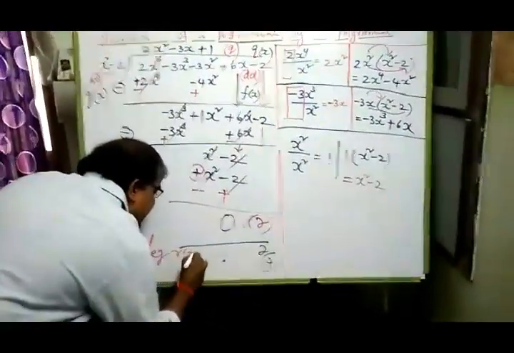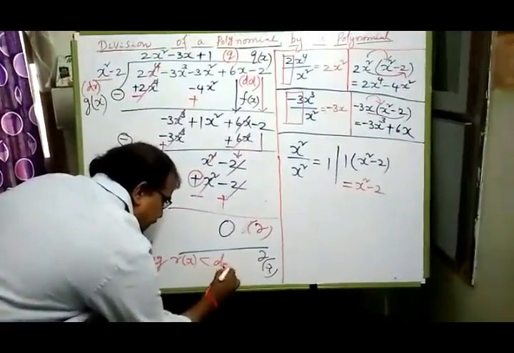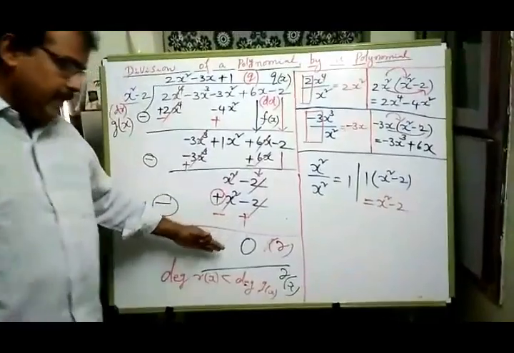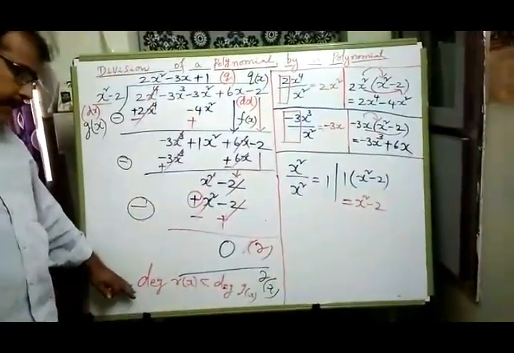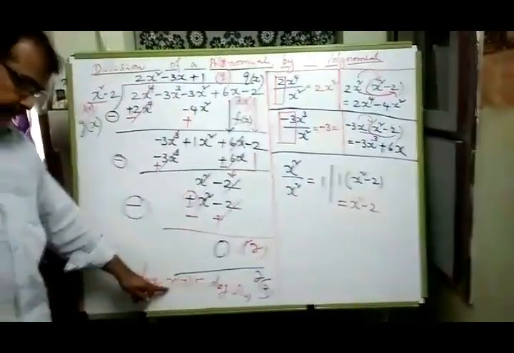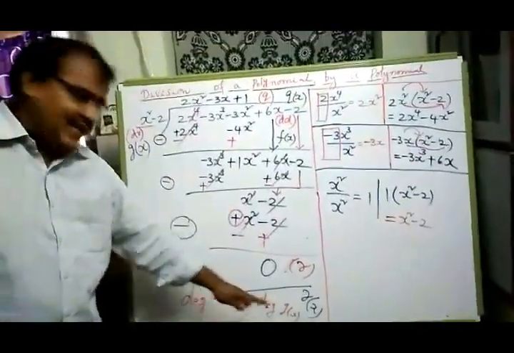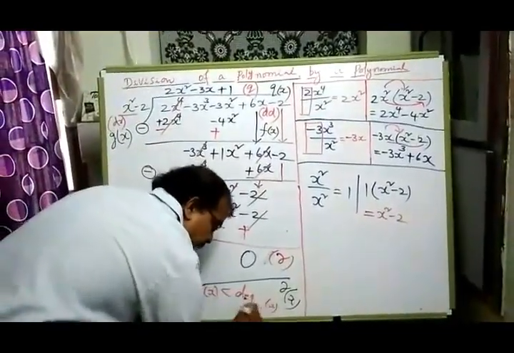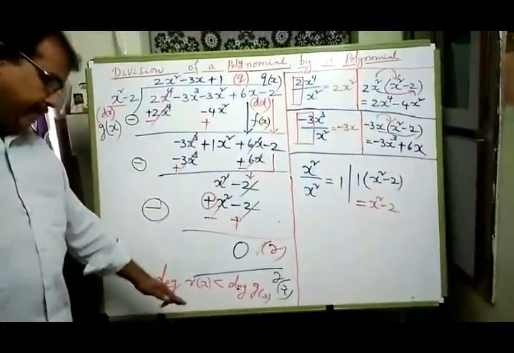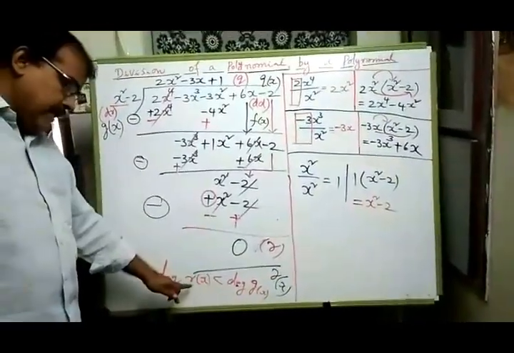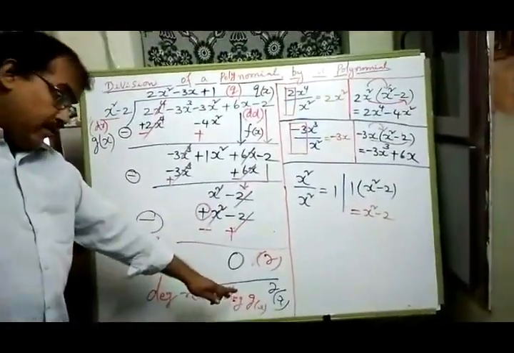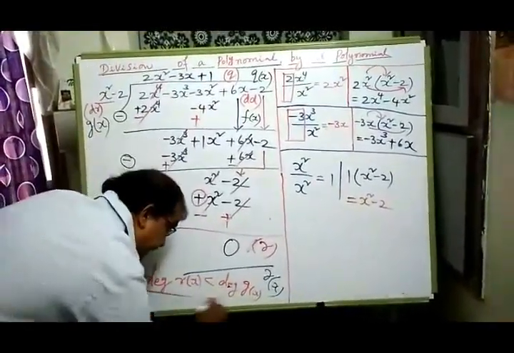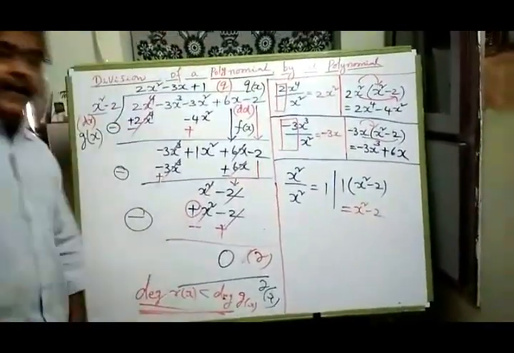Here I kept the names: remainder is r of x, divisor is g of x. That's why the degree of r of x is less than the degree of g of x. This point is very, very important.